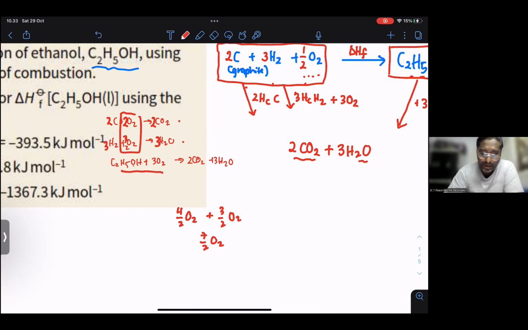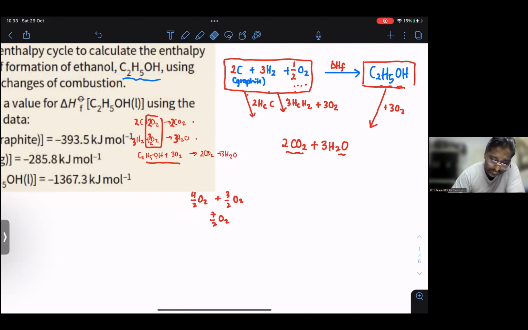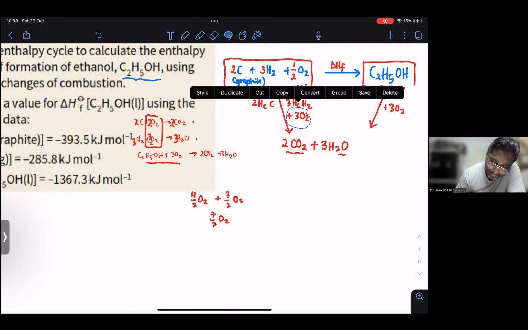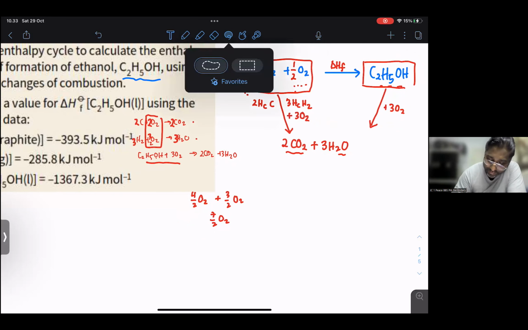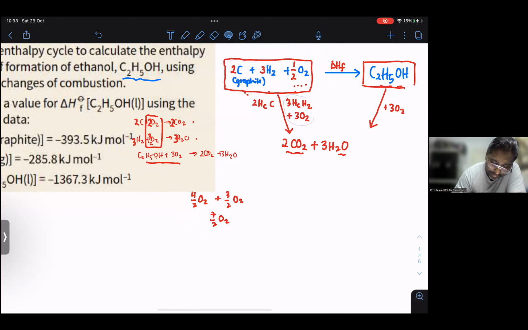Yeah? So now, if I erase this part and try to make it as one arrow, so erase this, erase this, and I put one main arrow over here to form this. You can see that I can bring the O2, 3/2 here. Let's rewrite this properly, bring it a little bit down, and then bring this over here.